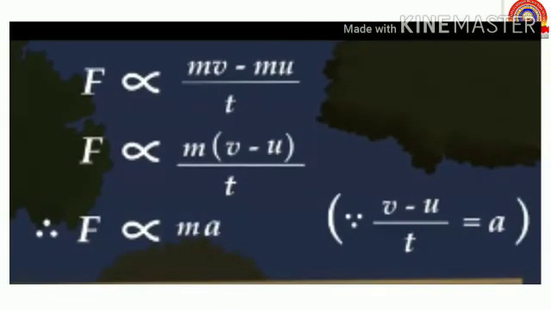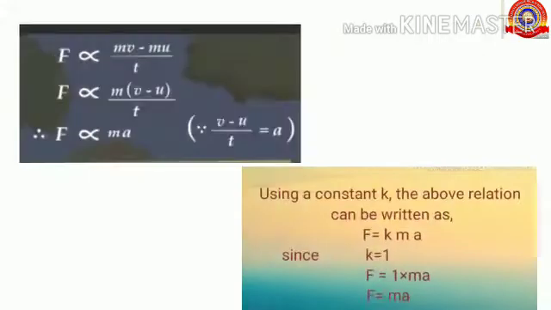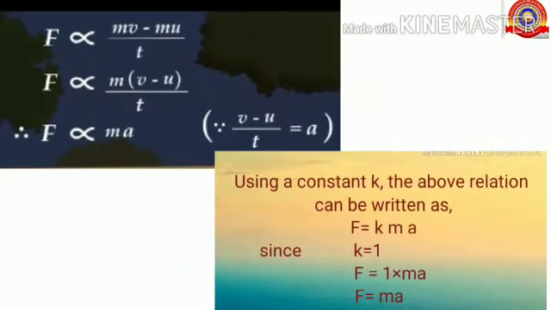So, once more, here F is directly proportional to (mv - mu)/t. That is, the rate of change of momentum is directly proportional to the unbalanced external force. Here, (v - u)/t equals acceleration. Then the equation changes to F is directly proportional to ma.